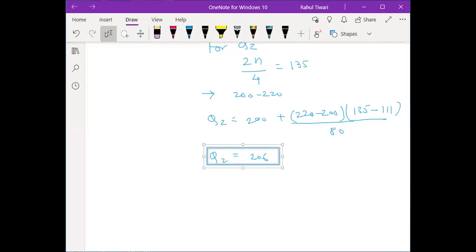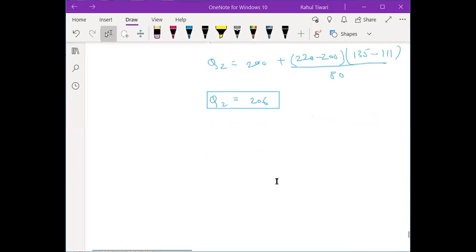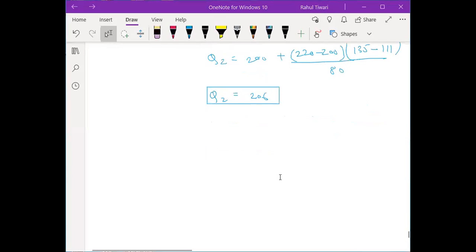Same answer, sir. Good. So Nisha has given the answer 206. Yeah, correct. So the answer is 206. Similarly, one can compute Q3, right?